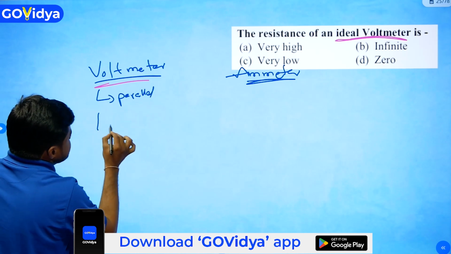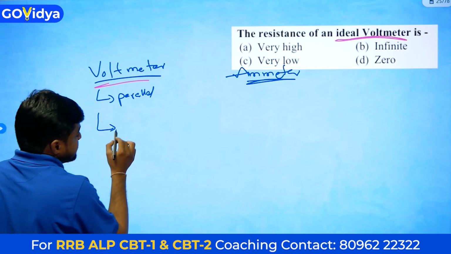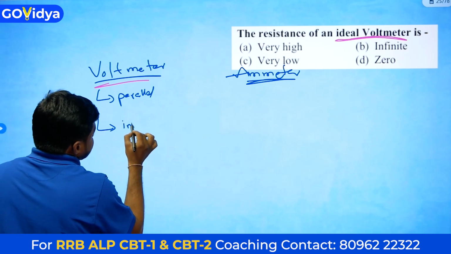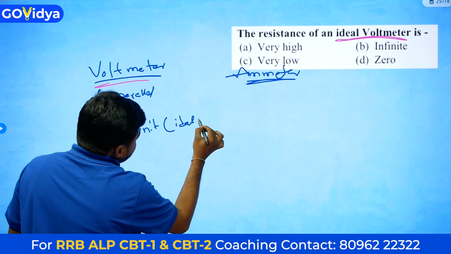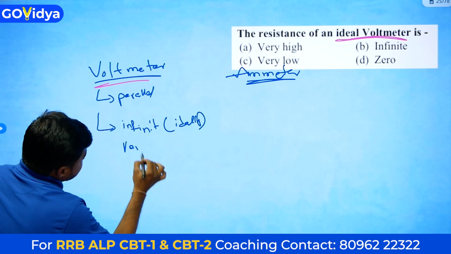The internal resistance of the voltmeter is ideally infinite, very high.